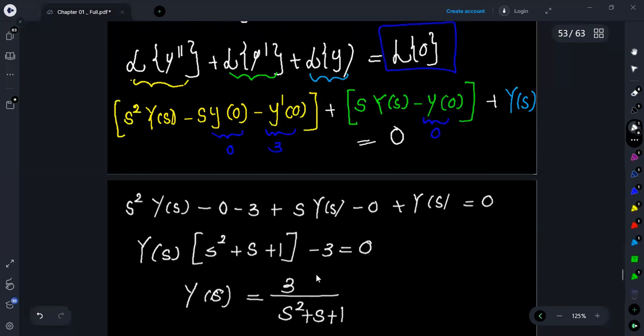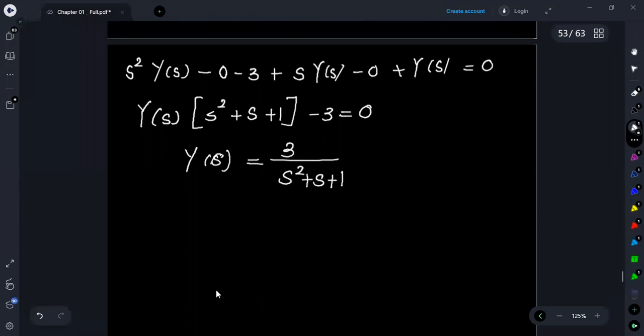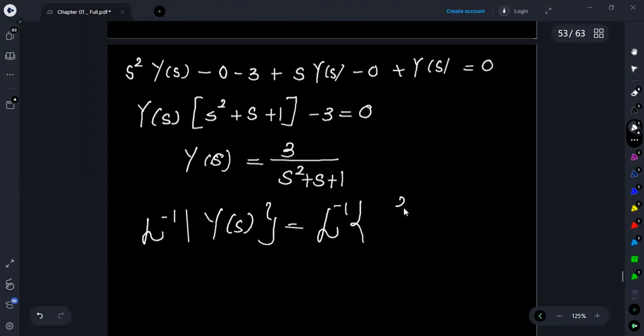Then we have to find the inverse Laplace transform of both sides of this equation, L inverse of 3 over s squared plus s plus 1, and find the solution of this problem.